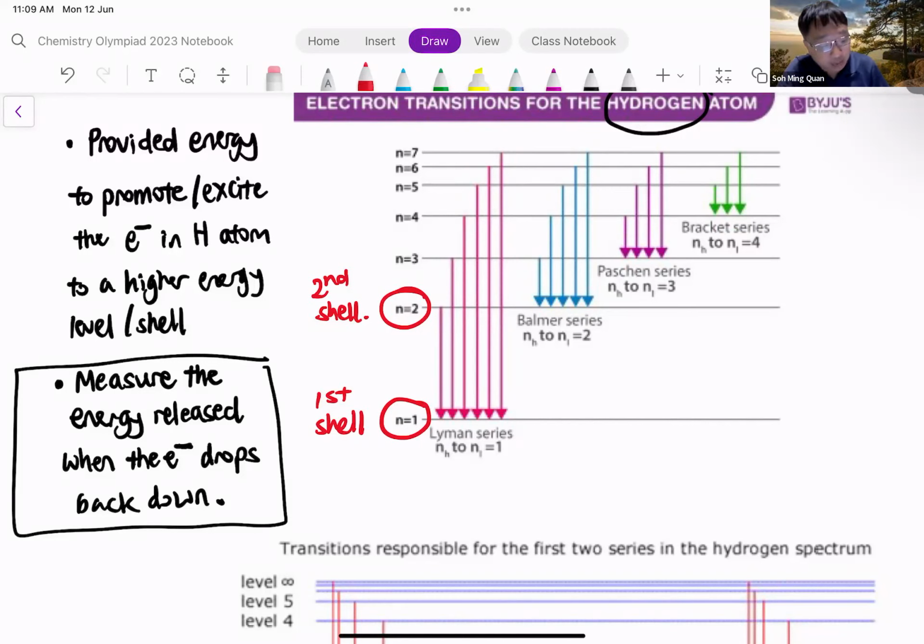The first set involves these purple arrows, which I'm now going to write in red color so that it's clearer. Now, the first set of energies involved the electron dropping back to the first shell.